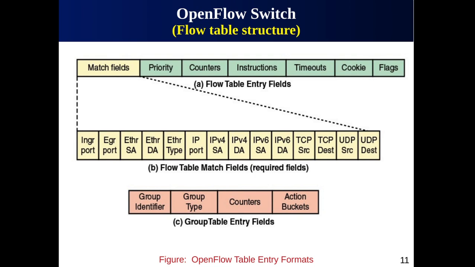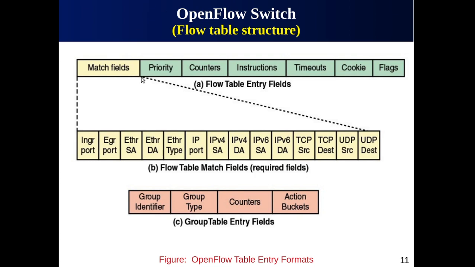Each packet that enters a switch passes through one or more flow tables. Each flow table consists of a number of rows, like entries. Every row is an entry. And we have 7 different columns. You can call them 7 different components.